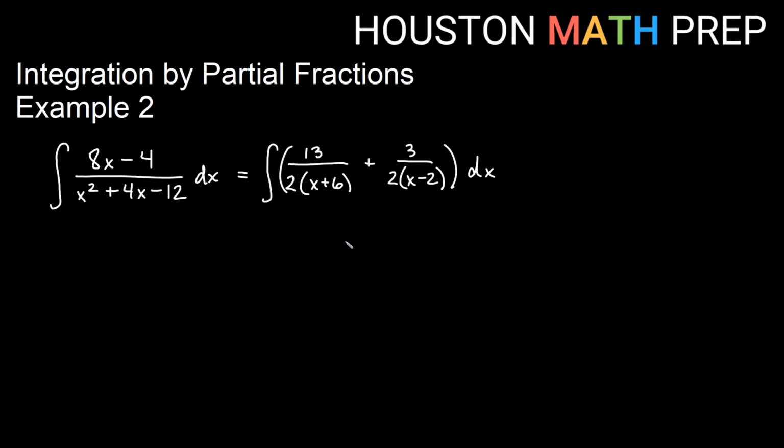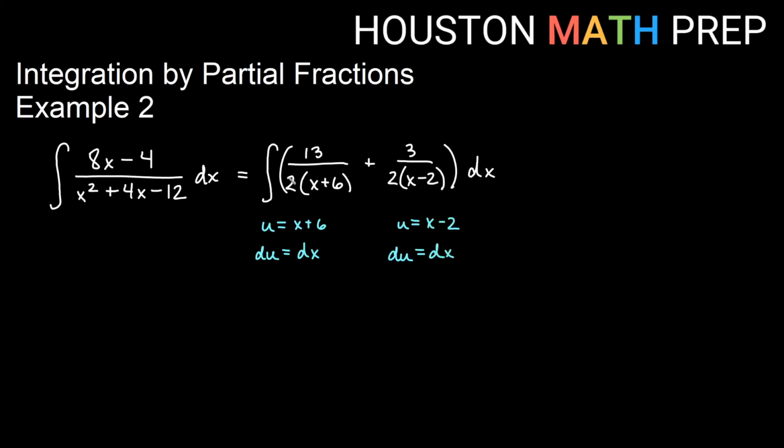Now, for each of these, we're going to use u substitution, and it turns out to be just fine. For the first one, we let u equal x plus 6, and du is dx. For this one, we have u equal to x minus 2, and du is equal to dx as well.